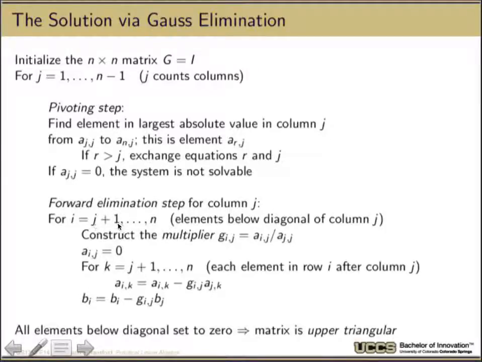Our forward elimination step, we go for j plus 1 to n. So we're going to work below the diagonal. We're going to construct the multiplier for this row, which is always just the ratio of a_ij and a_jj, divided by what's on the diagonal we're trying to solve, set a_ij equal to 0, and then subtract g_i times our jk row from our row.